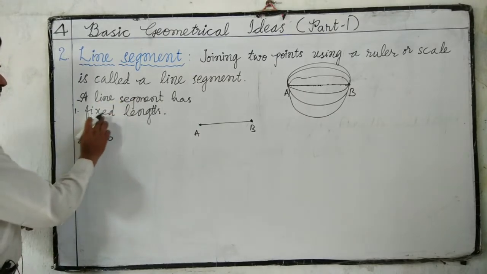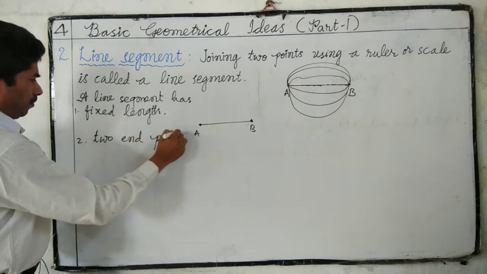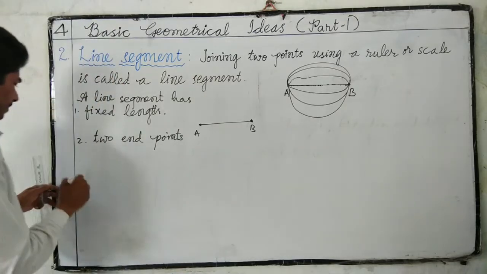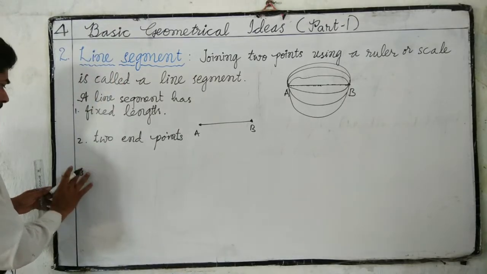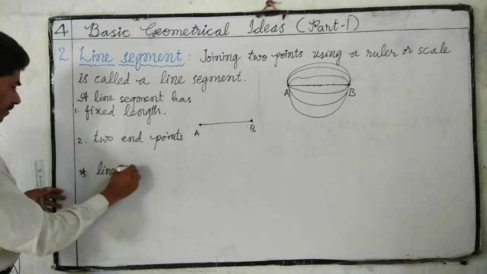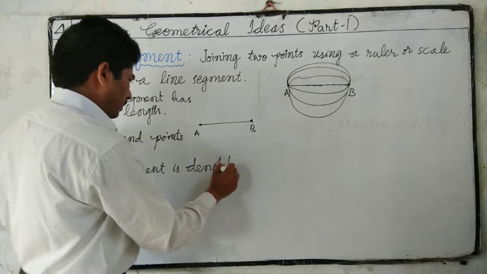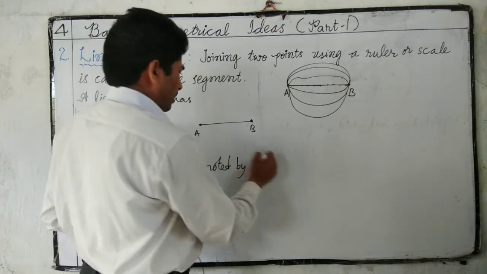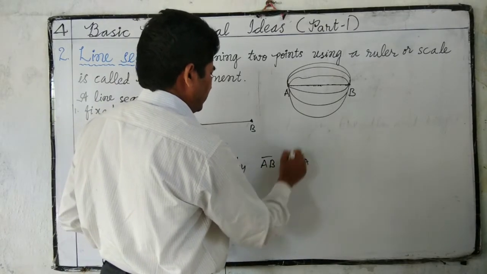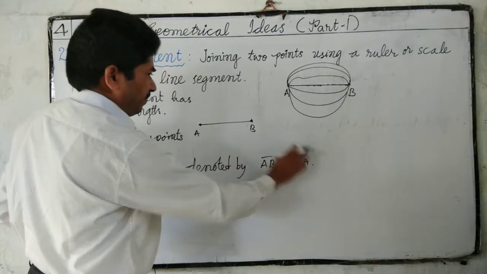A line segment is denoted by AB like this, or BA like this also we can show. Line segment AB, line segment BA.